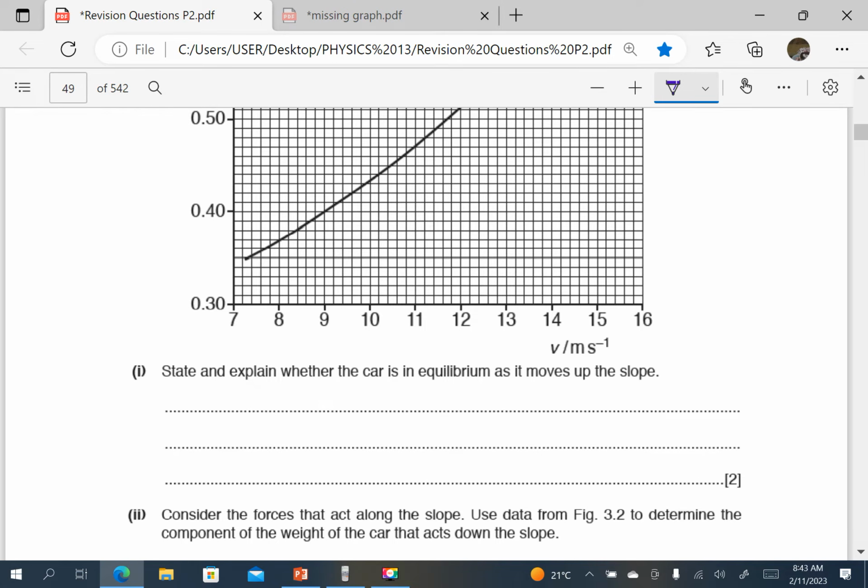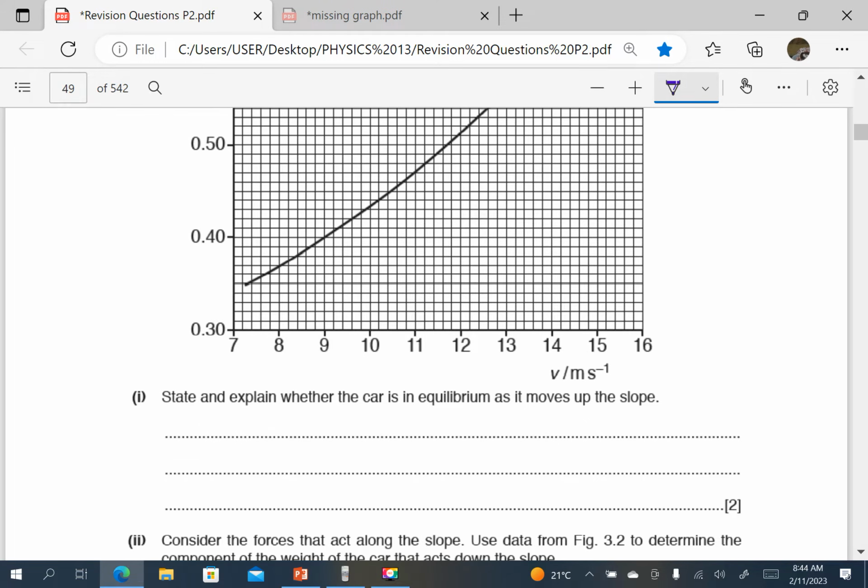State and explain whether the car is in equilibrium as it moves up the slope. Because they said it is moving with a constant velocity, then the resultant force is 0. So the car is in what we may call dynamic equilibrium.